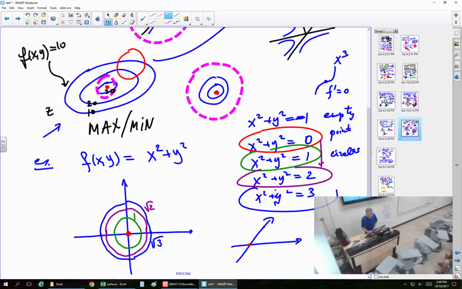The green one is slightly above. Then the next one is 2 units above, like this, and then the next one is higher above. So it's like a cup that goes in all directions. It is a surface of revolution. Okay, keep on.